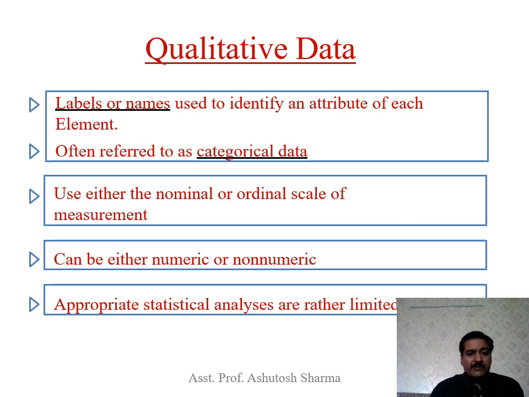In qualitative data, as I have told you, labels or names are used to identify an attribute of each element. It is often referred to as categorical data, uses either the nominal or ordinal scale of measurement, and can be either numeric or non-numeric. If it is numeric, it can be arranged in ascending or descending order only.